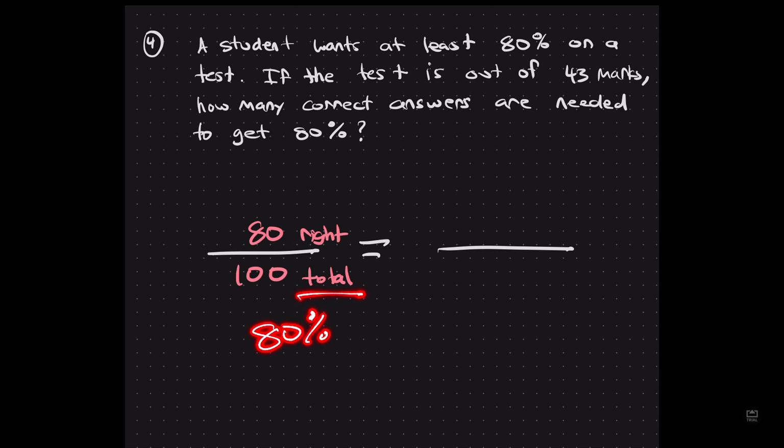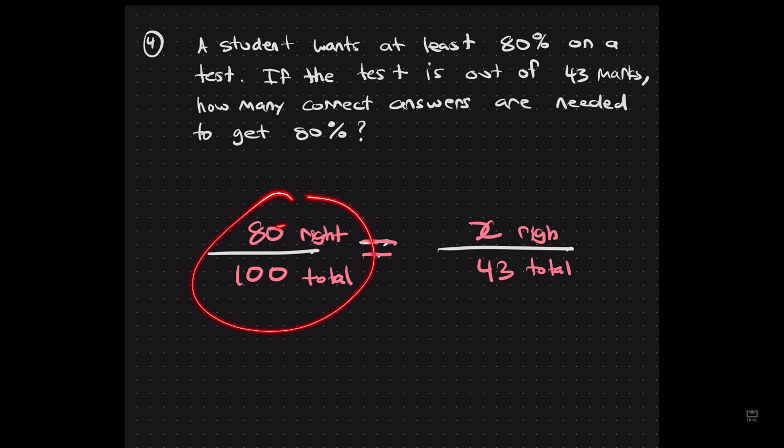Now the student wants 80%, so they want something that is equal to this. But how many questions are on the test? Not 100. It says right here there are 43 questions on the test. So we put the total that it's out of, 43, on the bottom. So how many questions does a student need to get right to equal 80%?